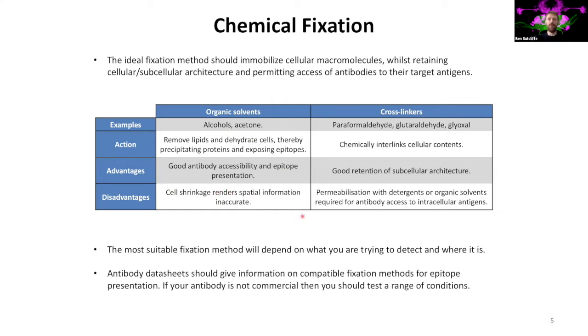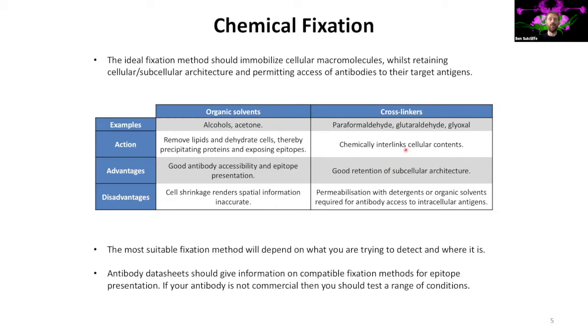If you want to have good spatial information, then you can use crosslinkers, such as paraformaldehyde, glutaraldehyde, and glyoxal. They chemically interlink the cellular content, so they keep everything exactly where it was. Some do it more quickly than others. It just depends on what you're actually looking at.